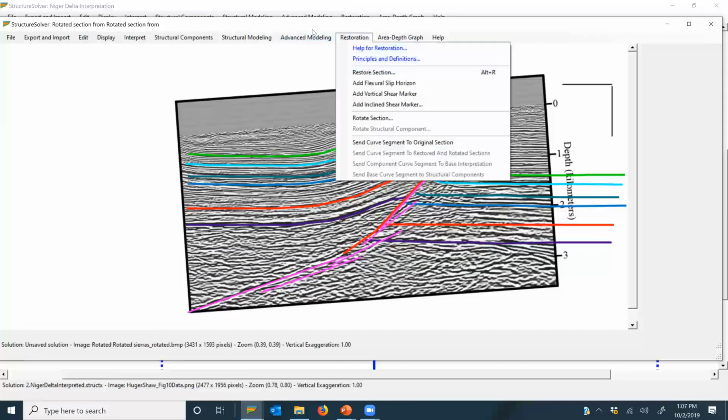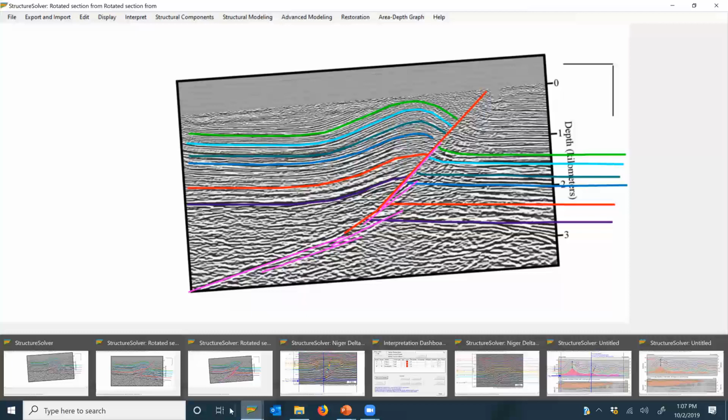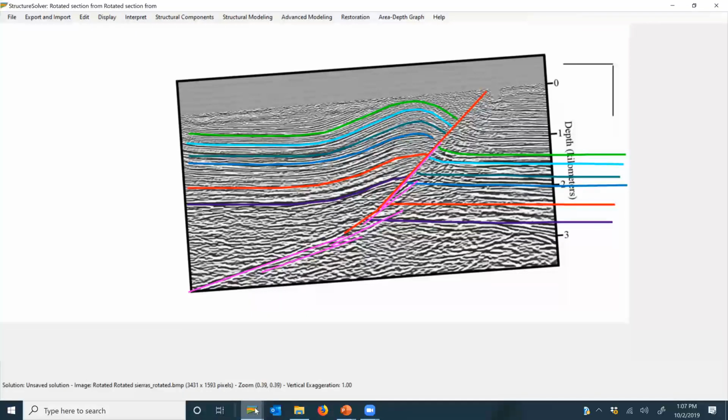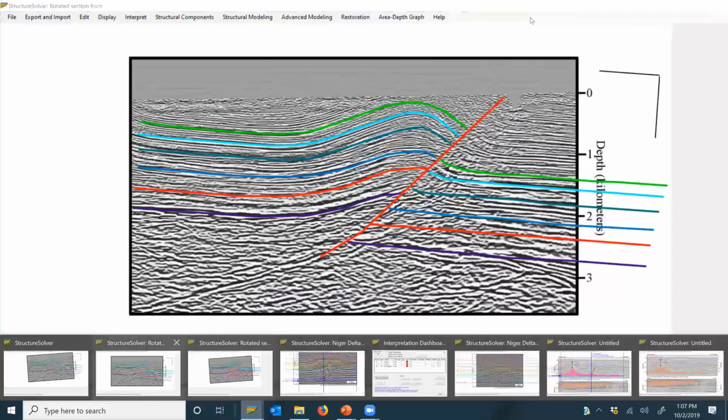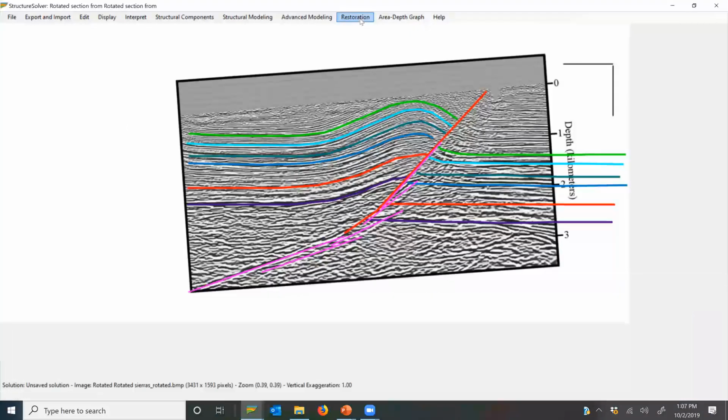rotate. So if you actually had this open and if you'd done the rotation in Structure Solver, I think I already closed the rotated. No, I think I still have it actually. So what we can do is send these back to the original section.